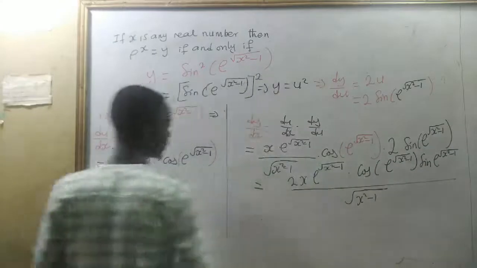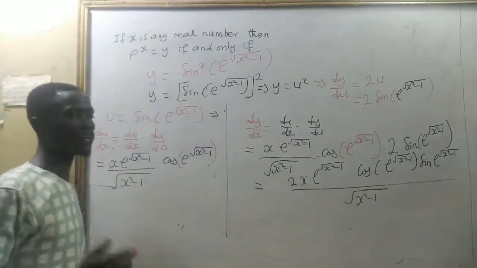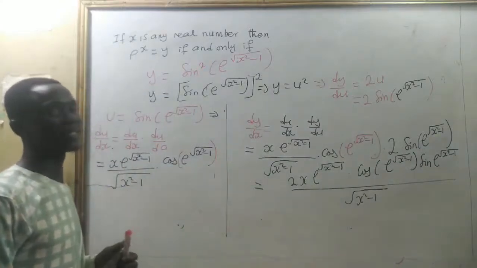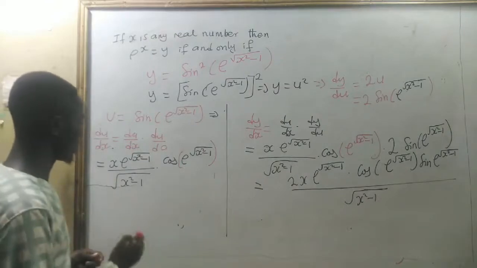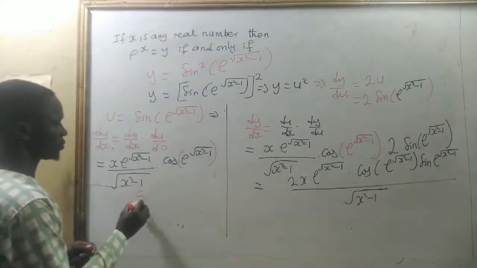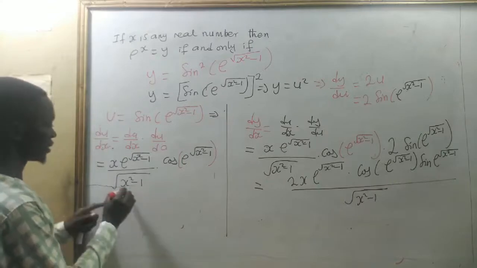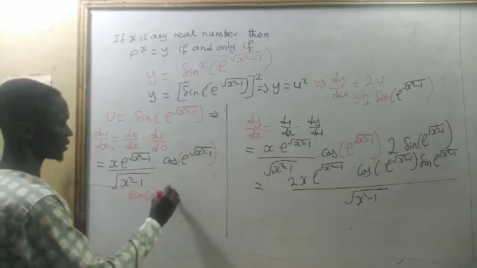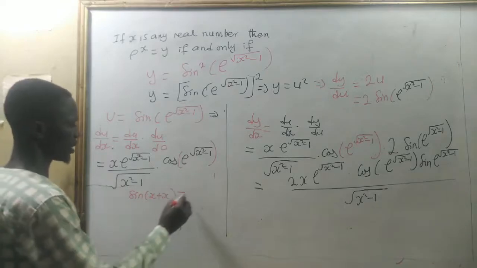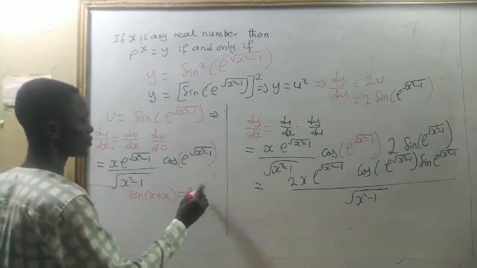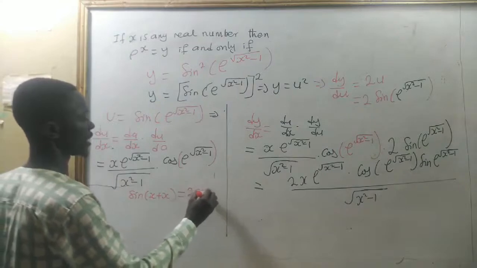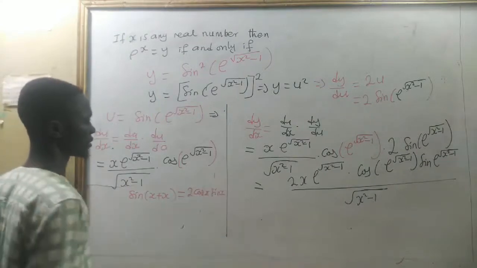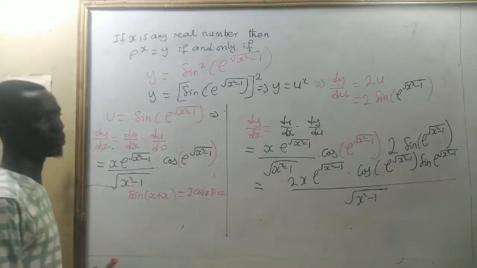If you watch my video on sum angle formulas, we said that if you have sine of x plus x, this will give us 2 cosine x sine x. Very simple as that.